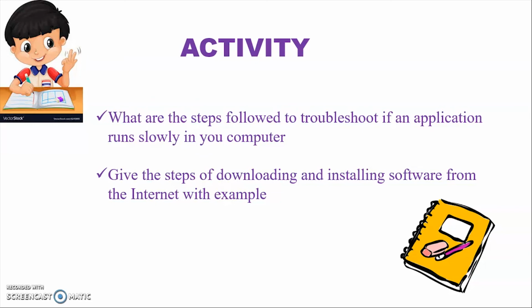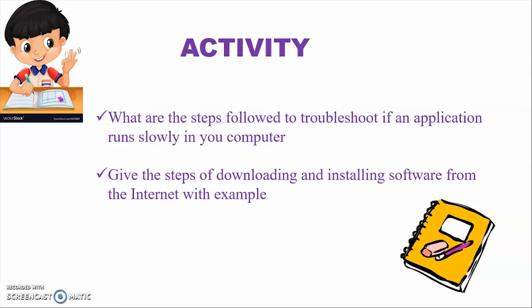Now you should write the steps followed to troubleshoot if an application runs slowly in your computer. You have to write the steps you need to follow to resolve that issue when any application in a computer runs slowly.